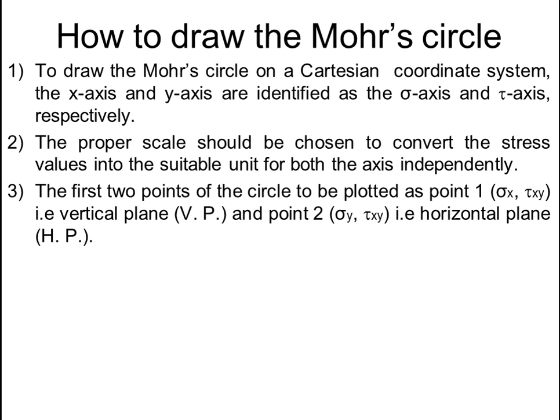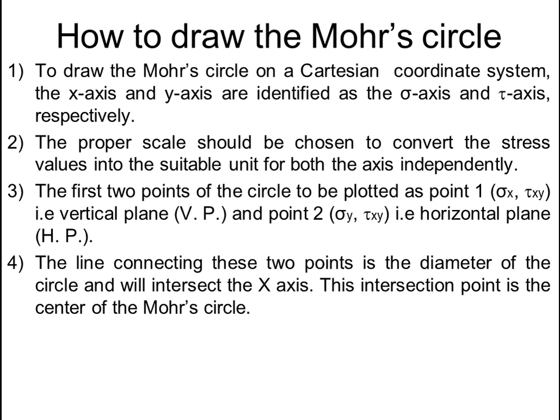The third step is that the first two points of the circle are plotted: point 1, that is sigma x and tau xy, the vertical plane VP, and point 2, sigma y and tau xy, the horizontal plane, which you can call HP.